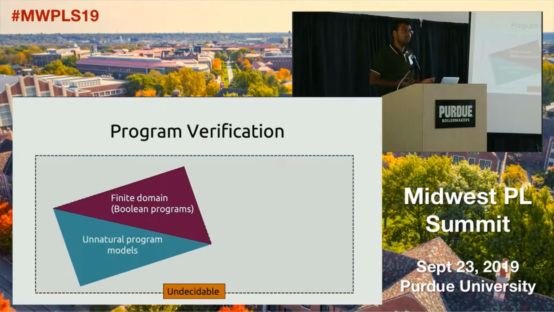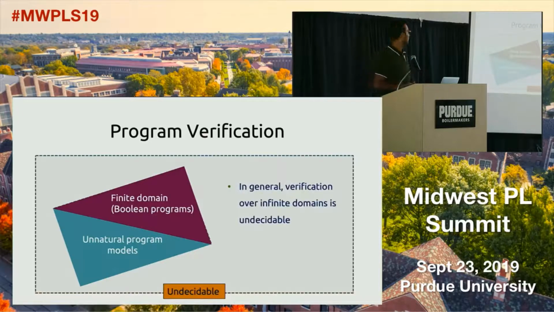Petri nets can have counters, you can increment them, you can decrement them, but you cannot really test for 0. And that means they're not a natural class for programs. So in general, when you talk about verification without any loop invariants, this problem is undecidable when programs are meant to work on infinite domains.